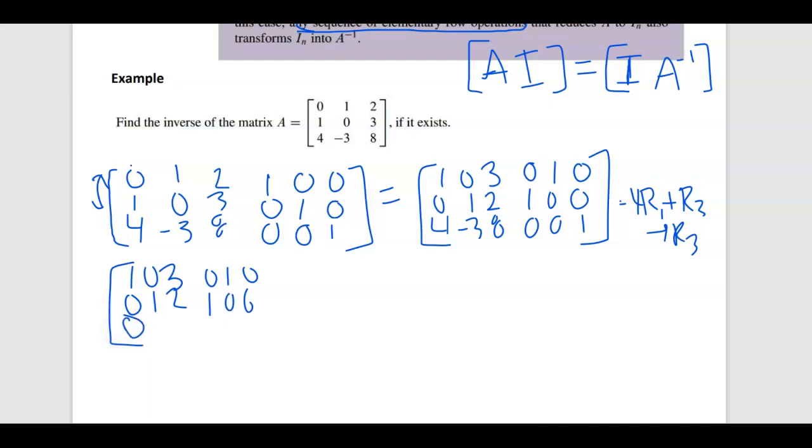That gives me a 0 here. I end up getting -3 because of that 0. -12 plus 8 gives me -4. 0, 0. Oops. And let's do that again. -4 times row 1 plus 0 gives me -4. And then 1.